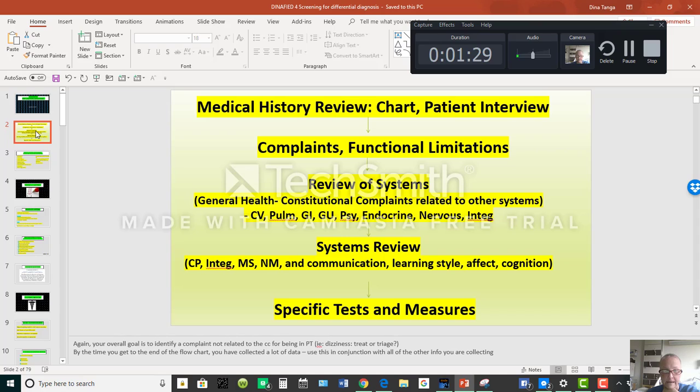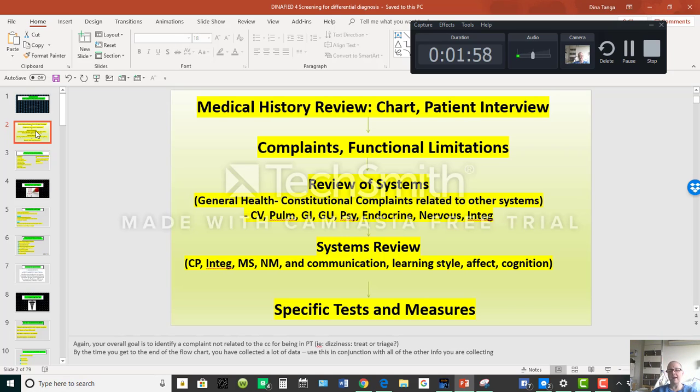What kind of complaints they have, pain, etc. And then you're going to do a review of systems, general health, constitutional complaints related to other systems like your cardiovascular, pulmonary, gastrointestinal, genital, urinary, psychological, endocrine, nervous system, integumentary.